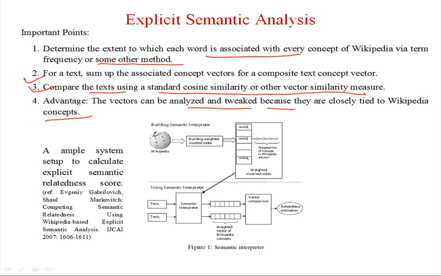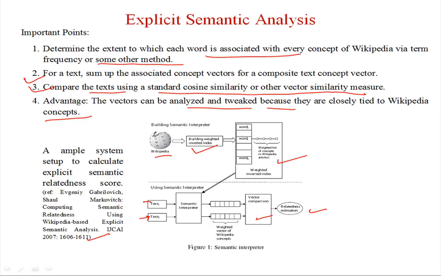Here is an example and system setup to calculate the explicit semantic relatedness score, which I referred from here. First, building a semantic interpreter: from Wikipedia articles, build a weighted inverted index. These are the words and the weighted list of concepts of Wikipedia articles. Now we have two texts, text 1 and text 2, the semantic interpreter gives a weighted vector of Wikipedia concepts, then vector comparison and relatedness estimation.